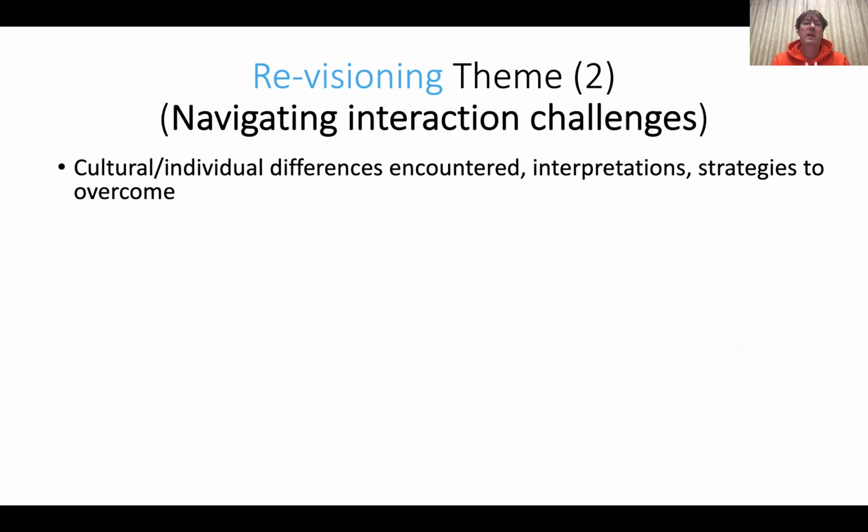This is something that they observed largely that connected to their ability to more complexly understand the differences and the commonalities that were observable within their intercultural competence development. So in other words, when they were interacting together with the Japanese students in terms of how they could perceive the differences in terms of cultural or individual differences between themselves and these visitors, and including the interpretations that they would place upon those interactions, and also the various strategies that they would use to try to overcome any of the challenges that they observed.